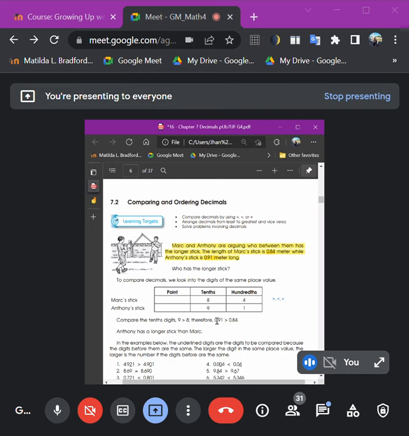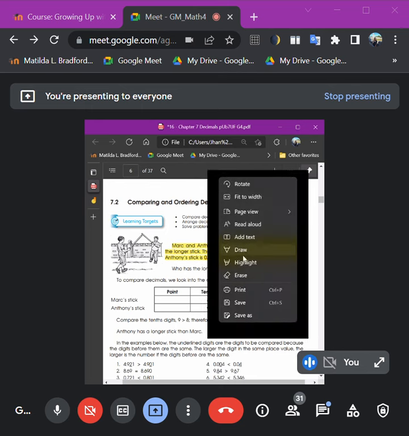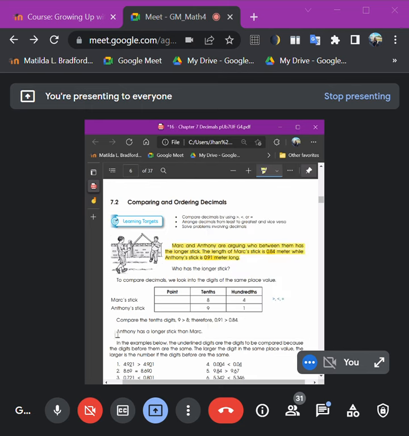So we can say that 0 and 91 hundredths is greater than 0.84. So we can now conclude that Anthony has a longer stick than Mark.